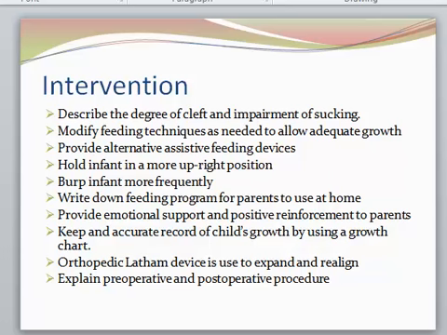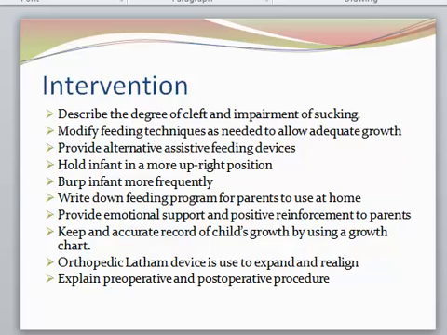And it really takes a team to take care of these types of patients. So you'll be looking at the nurses, the geneticists, psychologists, psychiatrists, ear, nose, and throat specialists, audiologists, OT, and speech therapists.